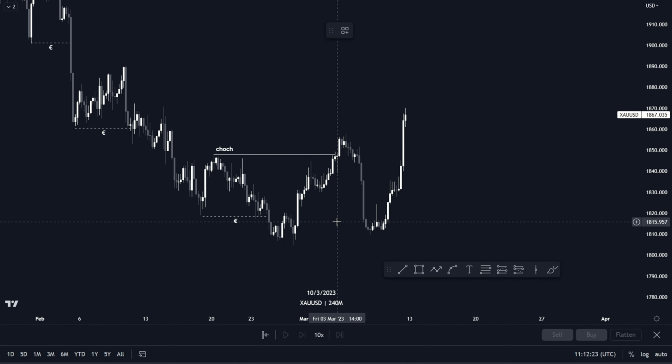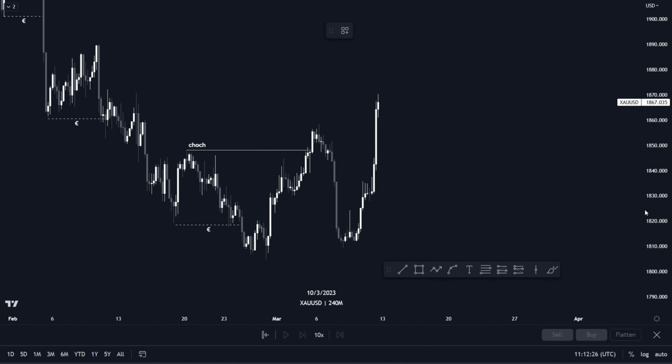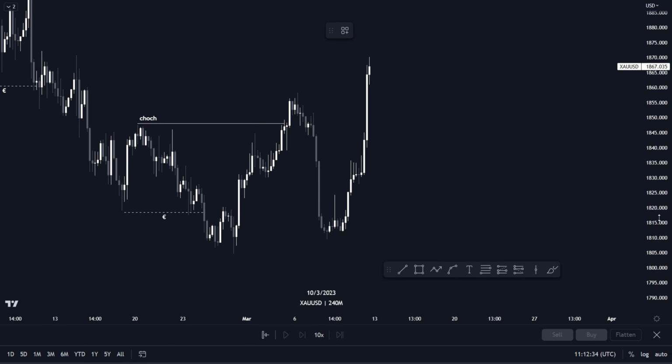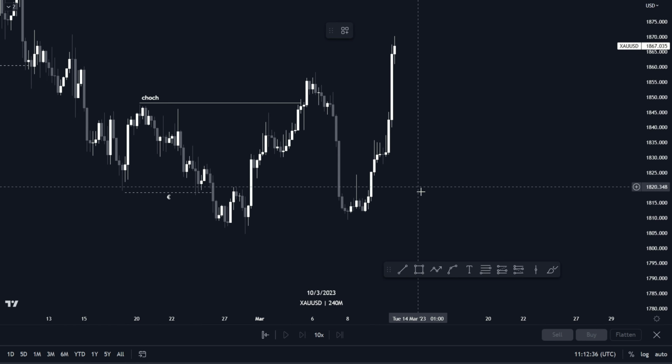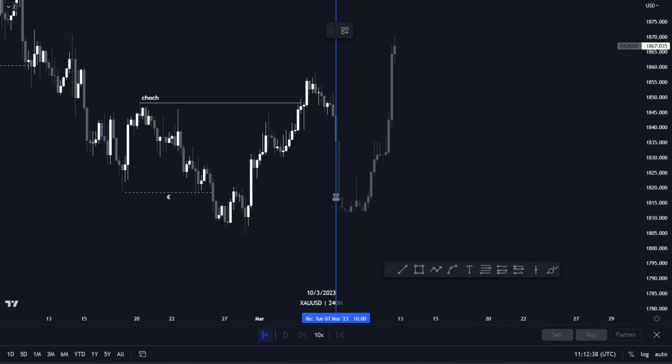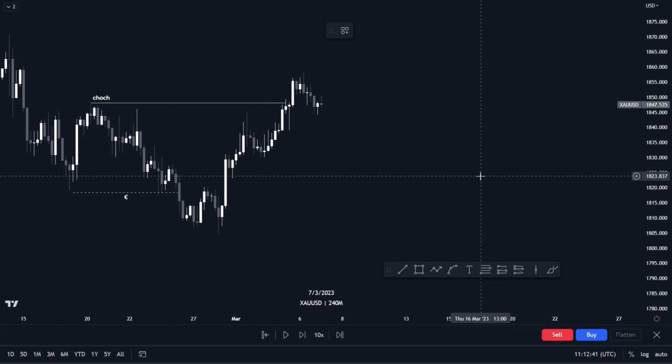Top change of character, meaning that there could be a change in trend, meaning that we could be moving from a bearish trend to a bullish trend. Okay, so that being so.